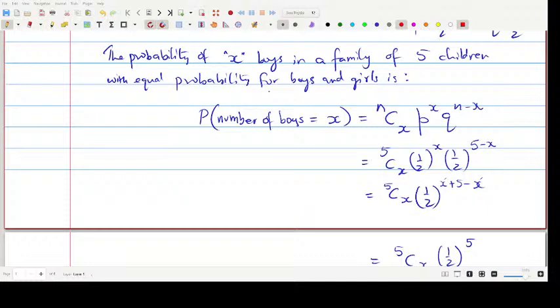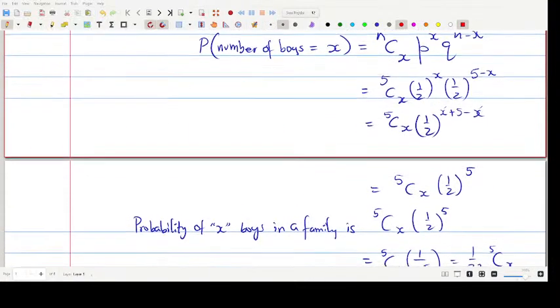For a continuous random variable, we'll be having a range of values like a to b, and the probability is defined between a and b rather than at a particular point. But since this is a discrete case, the probability is defined at discrete points, at x equal to 0, 1, 2, 3. Here the x values are 0, 1, 2, 3, 4, 5, because there are a maximum of 5 children.